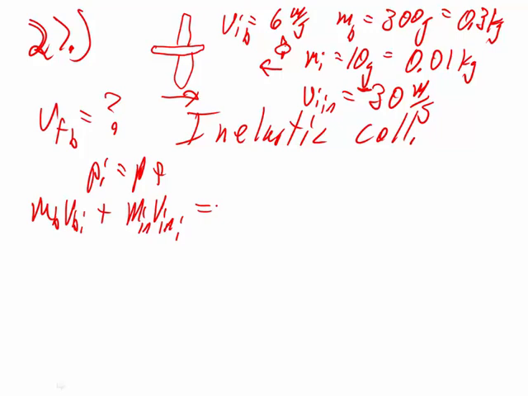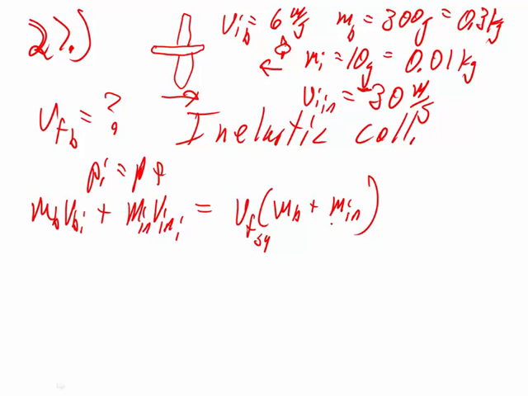Well, they become one, don't they? So the final velocity of the system, the bird-bug system, is equal to the mass of the bird plus the mass of the insect, right? Everybody with me on that?